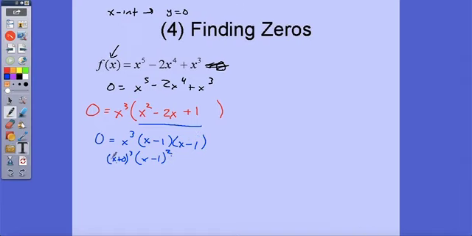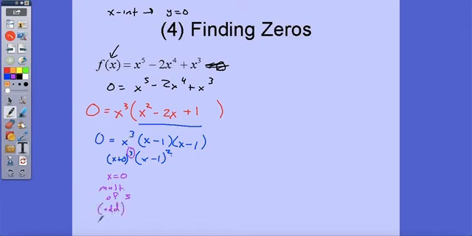When I'm setting these separately equal to 0 to solve, for this one, x plus 0 equals 0, so I'm going to get x equals 0 with a multiplicity of 3 because it was to the 3rd power. Remember, that's an odd multiplicity.